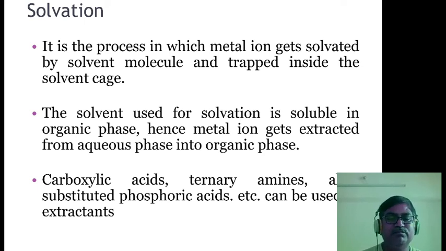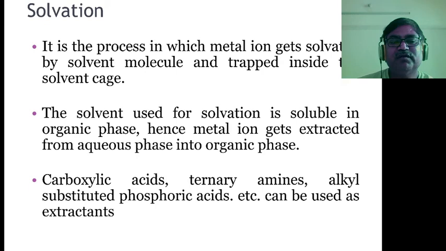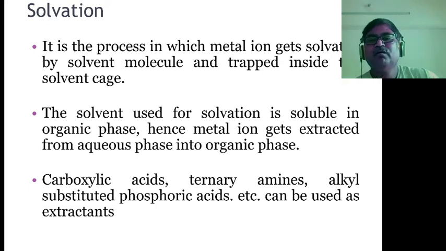This is the process which is used for solvation and solvent extraction. Which solvents are particularly used for solvation during solvent extraction? First, carboxylic acids, organic acids, are used. Second, tertiary amines are also used for the solvation process.